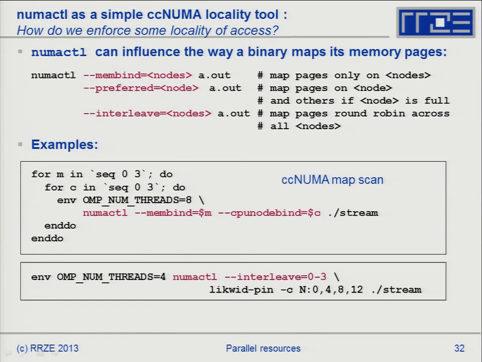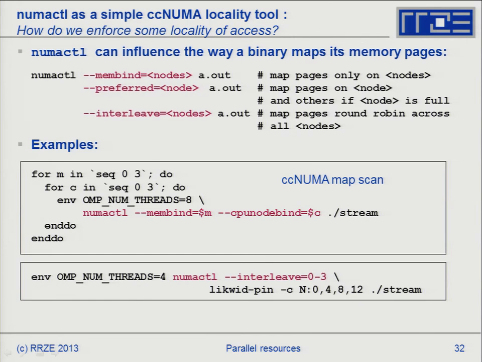Okay, so how do I want to make sure that the threads and the memory are where I want them to be for this particular benchmark? Of course, you know how to pin threads. You use likwid-pin or any other facility that the compiler or the environment gives you. On Cray, you would use aprun. For the memory, you can use numactl, for example. numactl not only works as a substitute for taskset, it also can influence the way memory pages are placed.